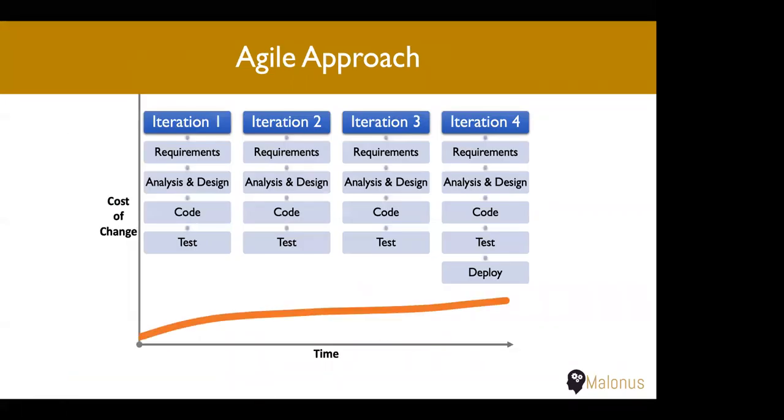Fine. So this is how it looks. The cost of change happens to be low throughout, and that is applicable to quality and testing as well. Instead of doing the testing at the very end, you keep doing the testing in each iteration.